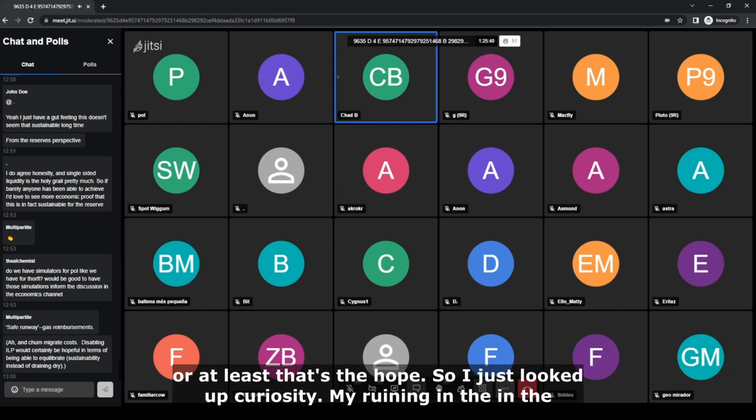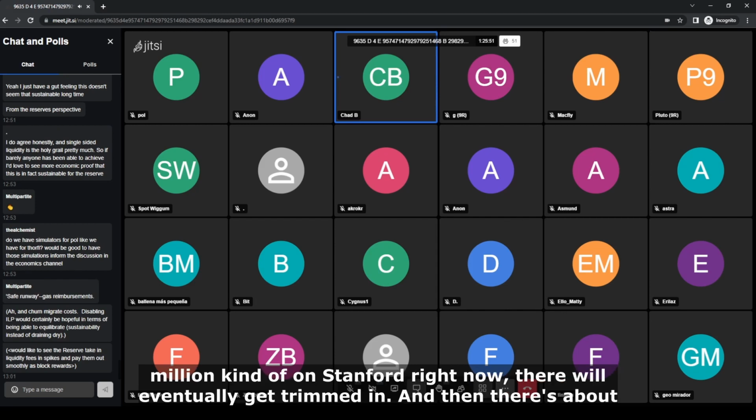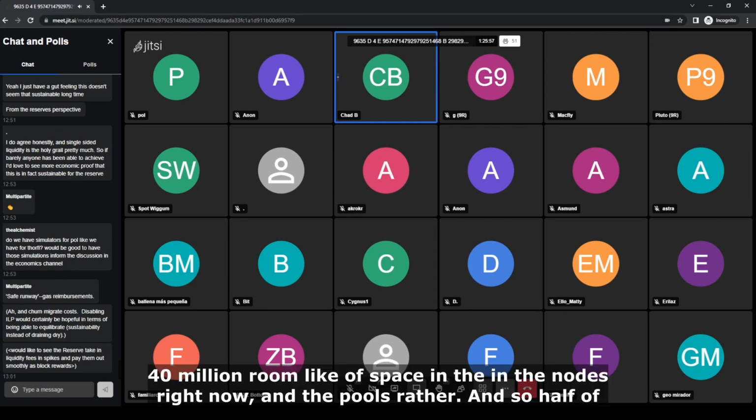So I just looked it up out of curiosity. The amount of RUNE in the nodes right now, in the active set at least, is about 75 million RUNE. There's another 9 or 10 million on standby right now that will eventually get churned in. And then there's about 40 million RUNE of space in the nodes right now, and the pools rather.